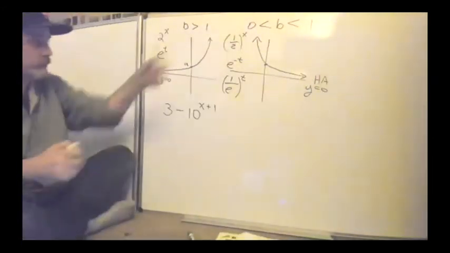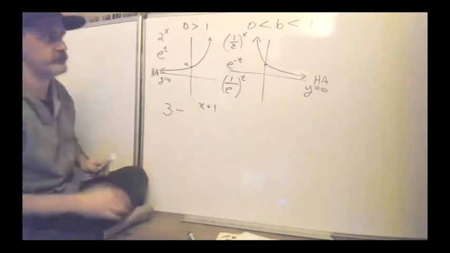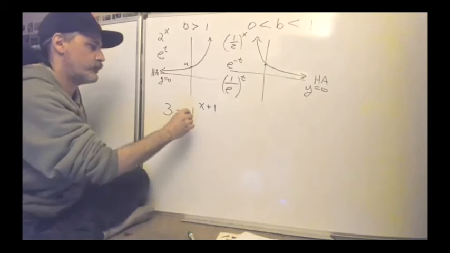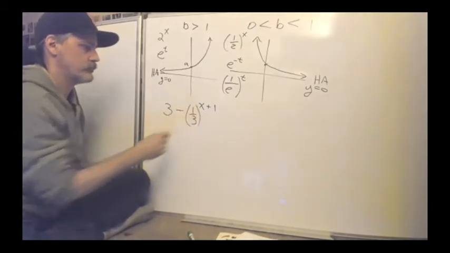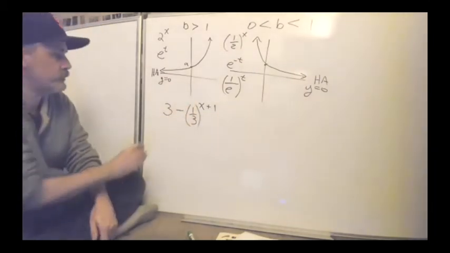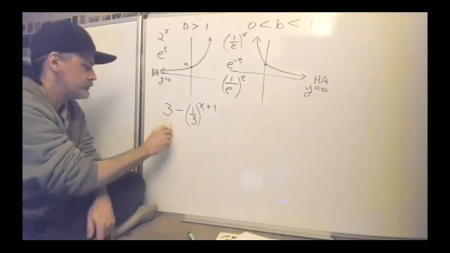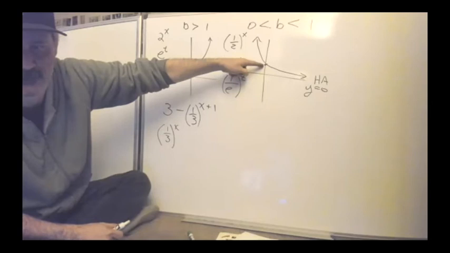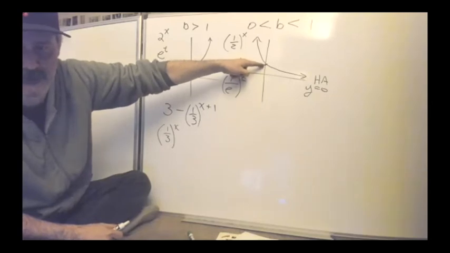Or rather, let me use one with a base that is less than 1. All right, so let's say this is 1/3. Okay, well, our parent function, so originally this would have been the graph, and when x is 0, that's 1.